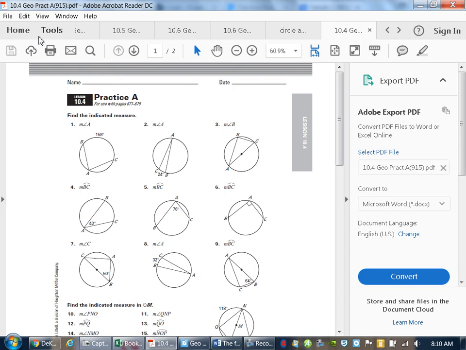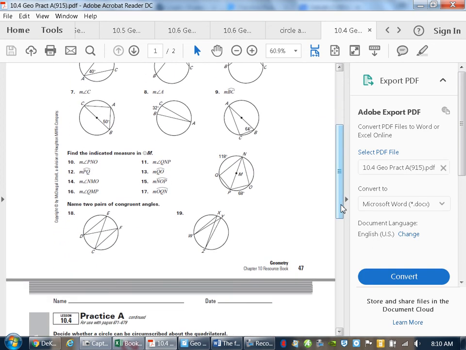So it can't be 160. That's 120. He said 160. That's 120. All right, let's look at a couple of these real quick. That's what I'm gonna keep.